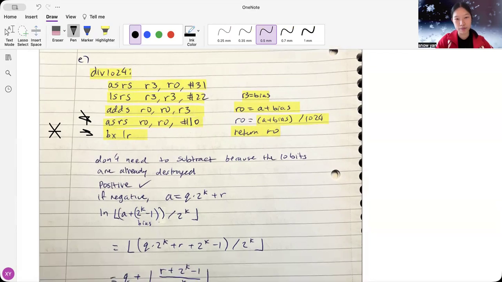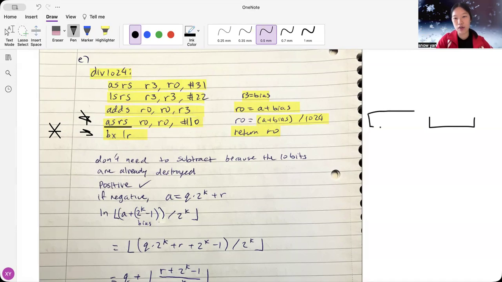Essentially, we don't need to subtract because the 10 bits are already destroyed from before. In the earlier case, when we were looking at the remainder, we still kept the bias. Here, because we're doing the arithmetic shift right, everything that was before, let's say the 10 bits that we divided by 1024, is gone.